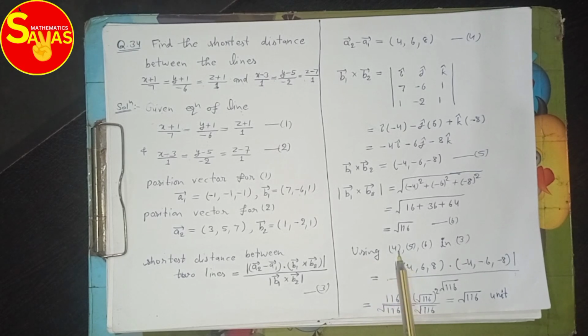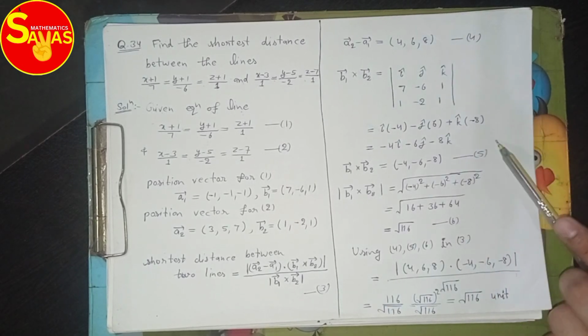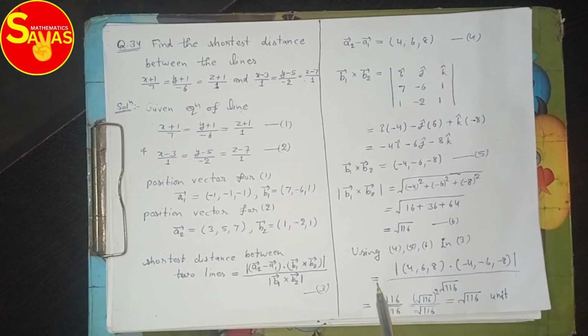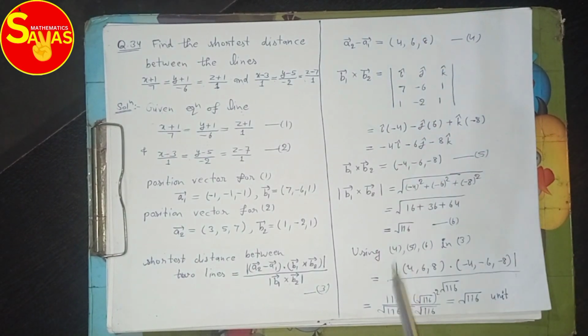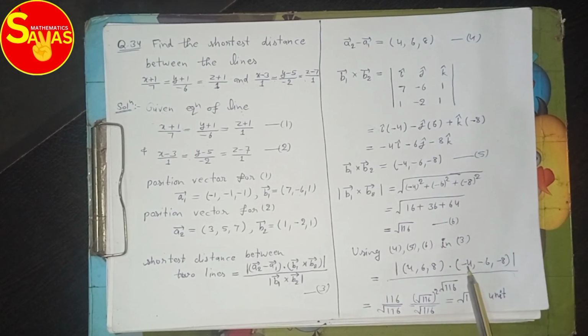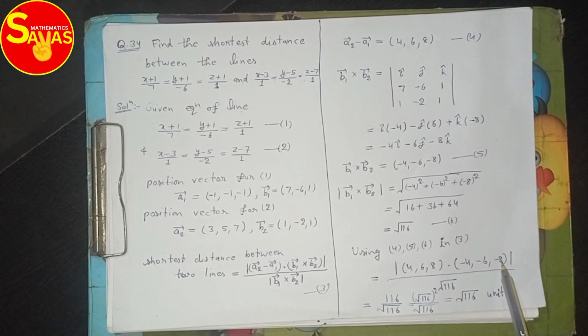Now using 4, 5, 6 in equation 3. A2 minus A1 is here 4, 6, 8, dot product of B1 cross B2, which is minus 4, minus 6, minus 8.